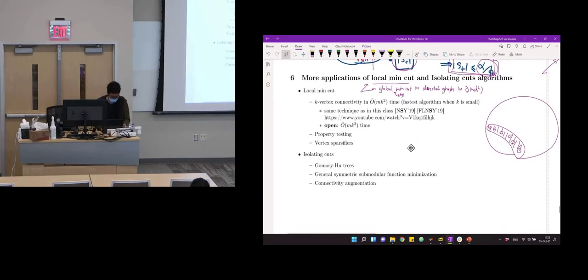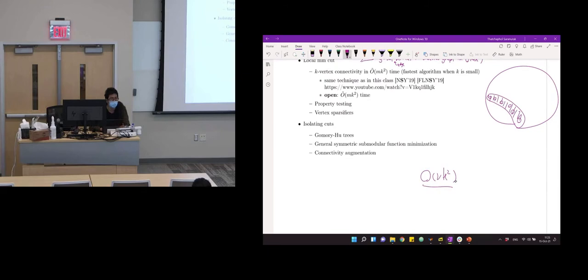Okay, and is this technique not known before? Once I discovered this algorithm, I tried to look back in the literature. The algorithm that I taught takes this much time, right?